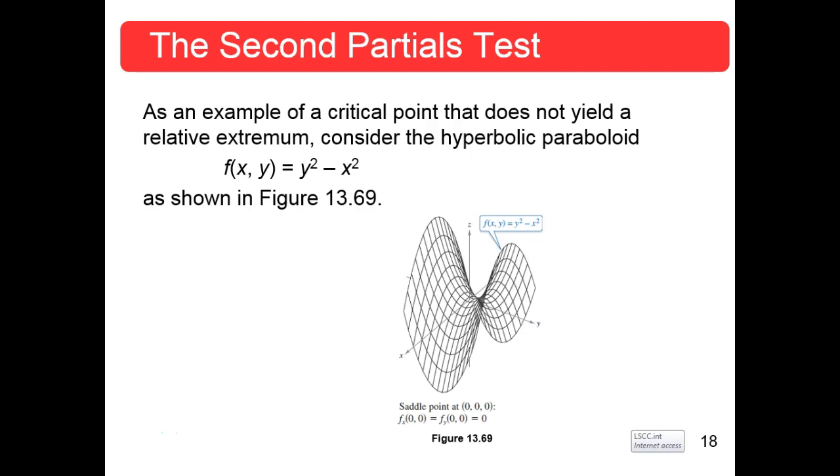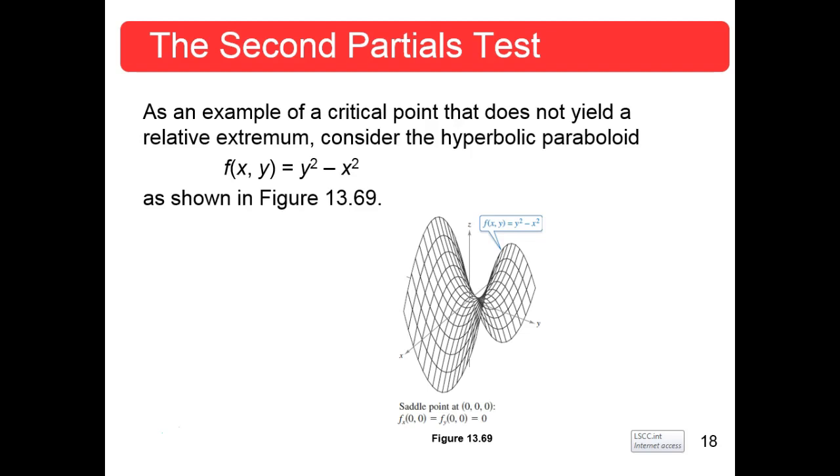They don't draw the curves on the z. But if you did the z's here, these would be hyperbolas like this. And if you did the z's down here, the hyperbolas would be like that. Okay? So that is a hyperbolic paraboloid. And that's called the saddle point.